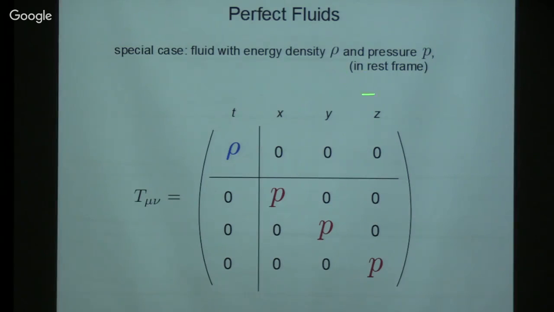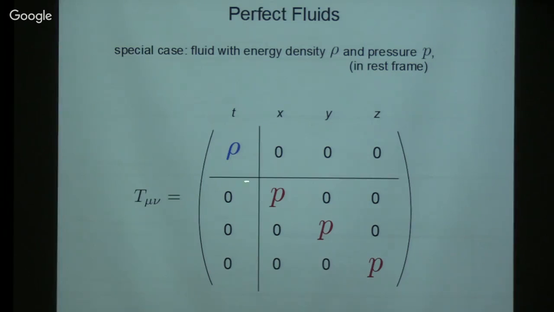In a particular frame of reference, that's the rest frame of this fluid, there's the energy density, which is the time-time component, and then there's just the pressure, which is these diagonal terms. Now, if you know the so-called equation of state of the fluid, you can also work out how the pressure depends on the energy density.